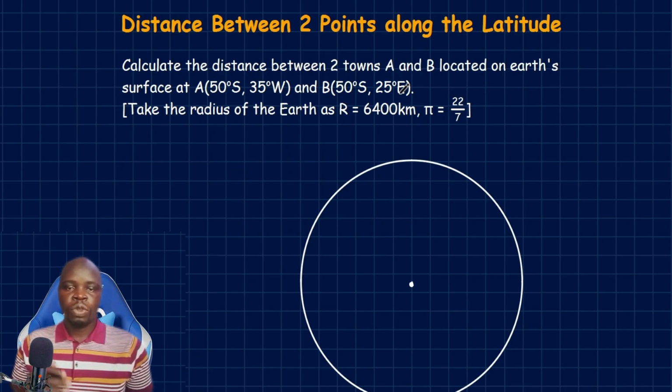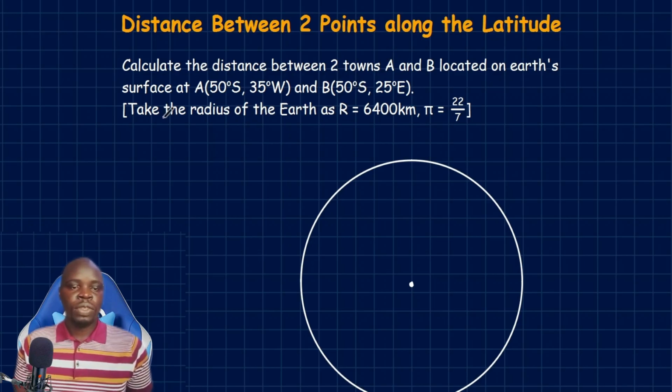But these 2 points are also located in different hemispheres, the eastern and the western, because point A is in the western hemisphere and point B is in the eastern hemisphere. Meanwhile, along the north and south, they are both located down since they share the same latitude coordinate, 50 degrees south.